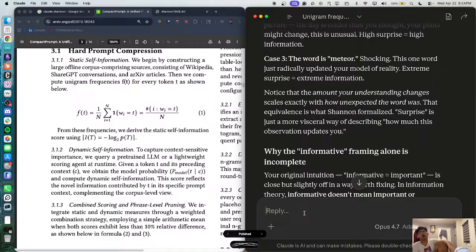It's obviously not surprising, but why is it not informative and therefore should be removed? That's what I'm not understanding here. Because there are many instances of text which are very important in providing some sort of idea, but they're pretty expected. So I need some grounding in what you mean, because I'm still a little bit rough.